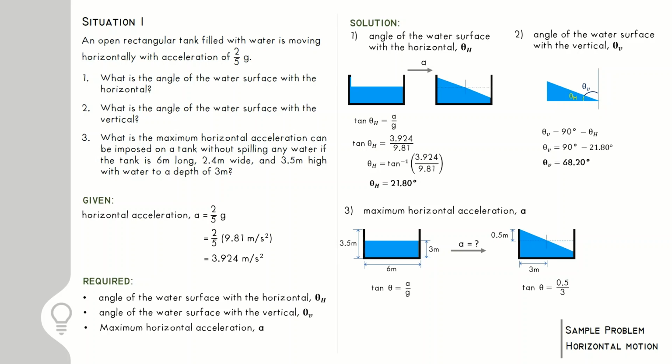So if the tank is 6 meters long, then the adjacent would be half of 6 meters, which means the adjacent would be 3 meters. By equating this, and with the value 9.81 meters per second squared for the acceleration due to gravity, the maximum acceleration that can be imposed on the tank without spilling any water is 1.635 meters per second squared. And these are now the final answers in situation number 1.